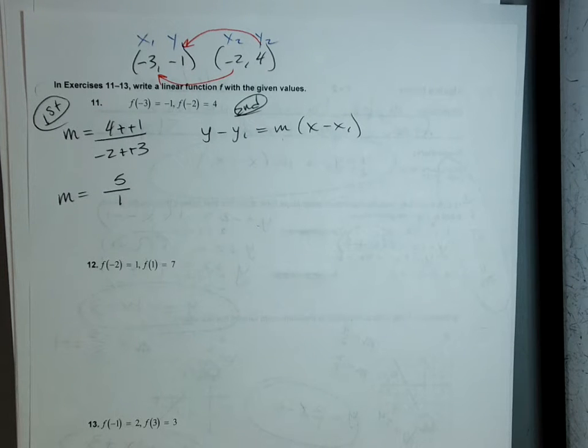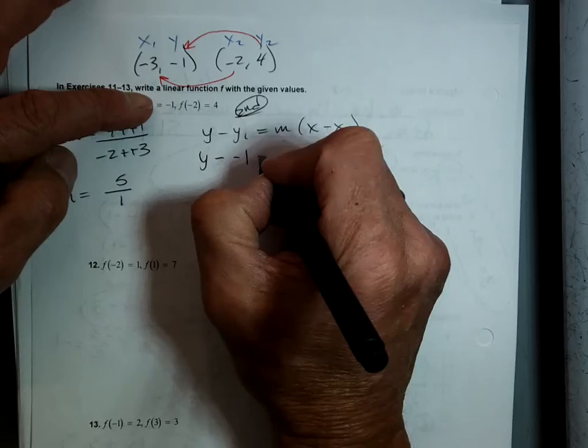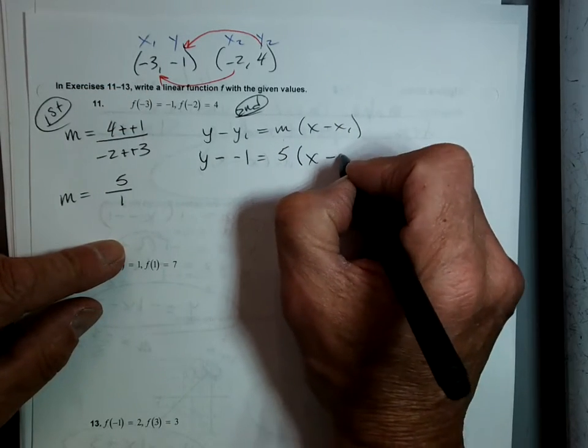See, I got it? So I'm going to rewrite this as y minus a -1 equals 5 times an x minus a -3, okay?